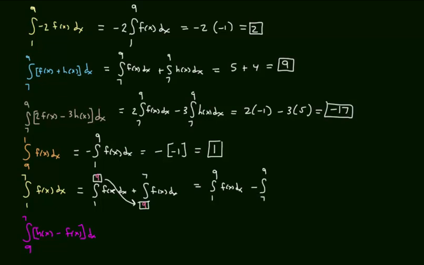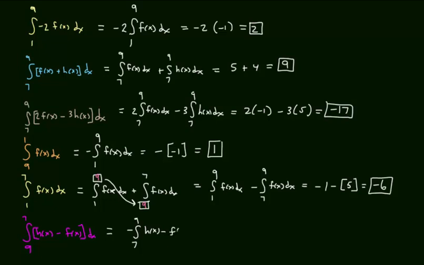So I made it opposite, f of x dx. There we go. Now I like it. So now I have a -1 minus the value of 5, which comes out to be -6. Pretty cool, huh?